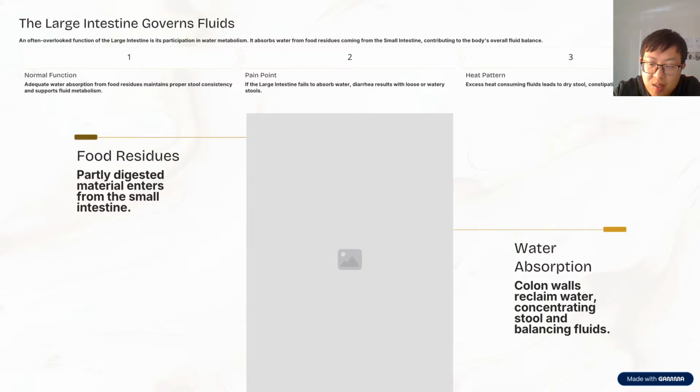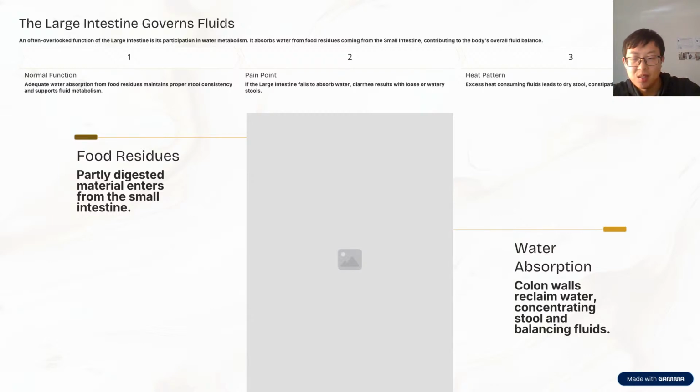Lung energy descending assists in the passage of stool. Spleen energy transformation helps the absorption of fluids from the food waste. Kidney energy promotes and secures the excretion of urine and feces.